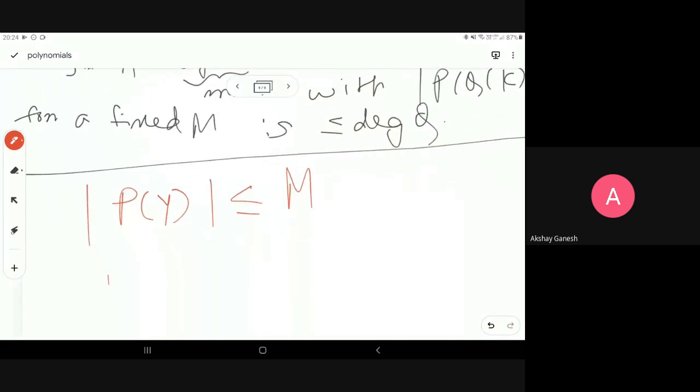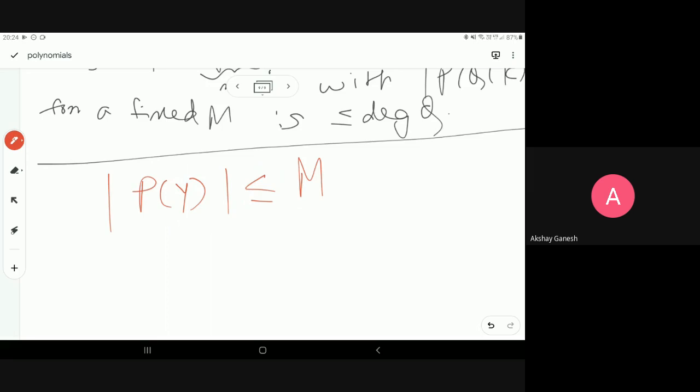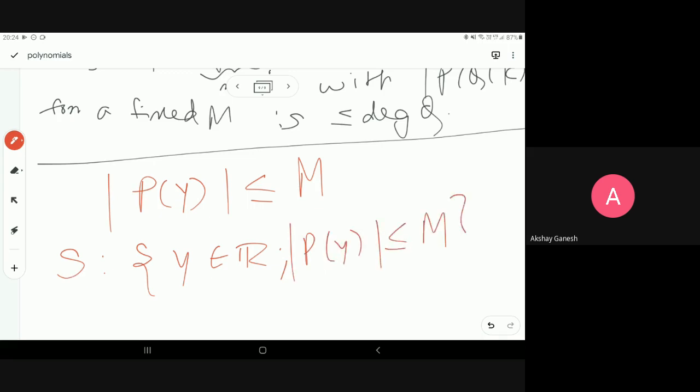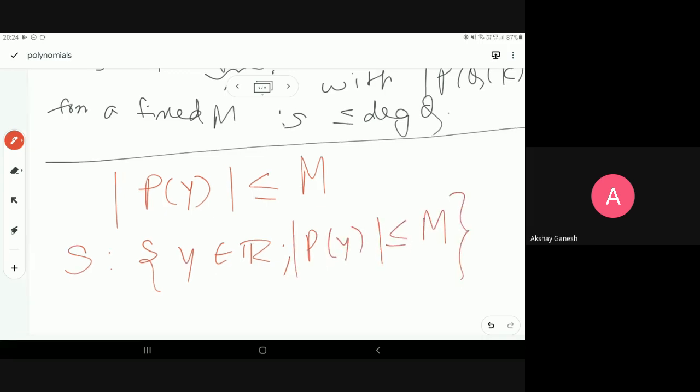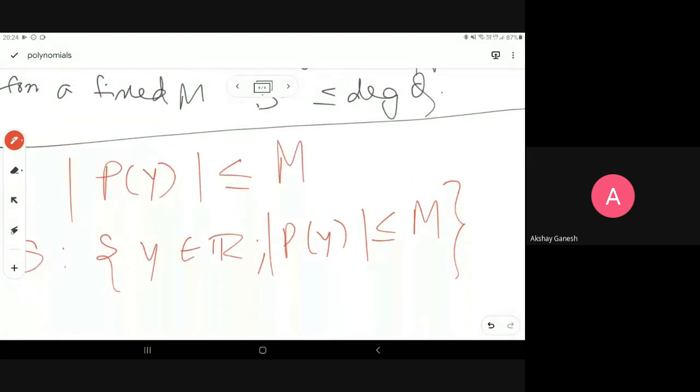So first of all, just consider the set S such that y is a real number and |p(y)| is at most m. So obviously y must be bounded, right?